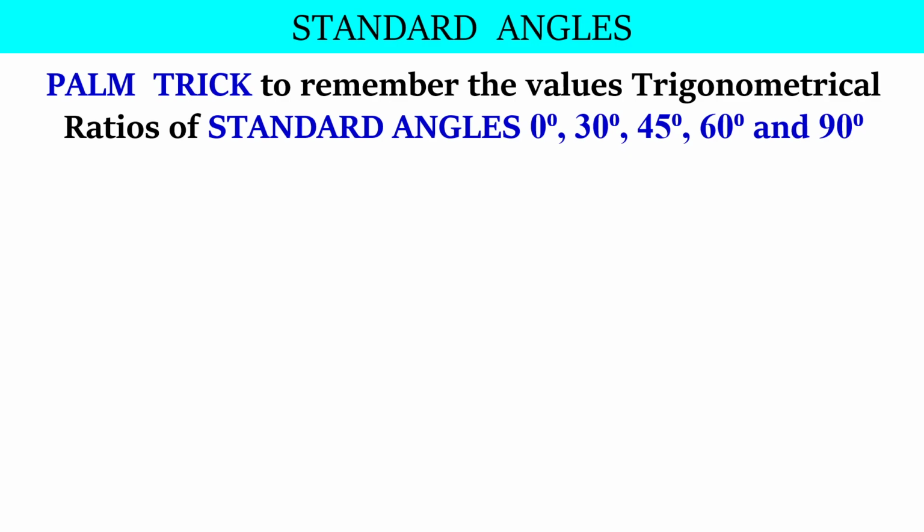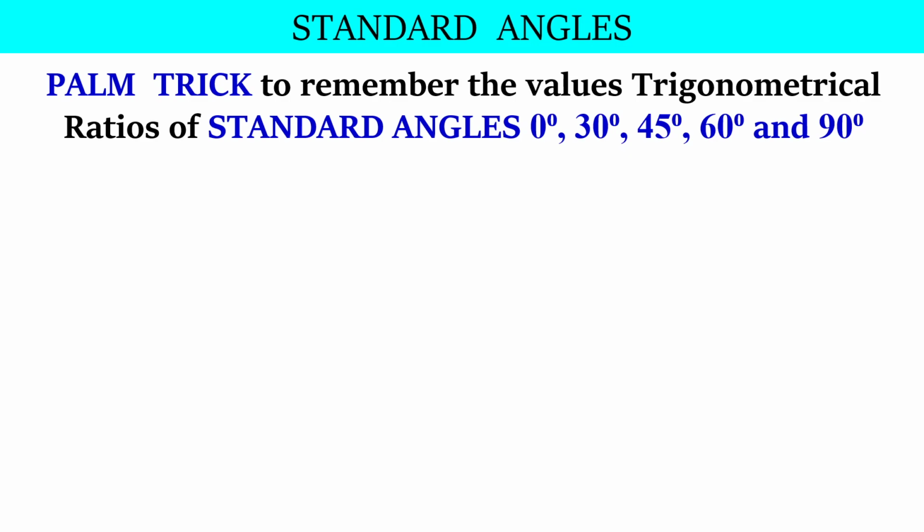No other angle, just these 5 angles are your standard angles in trigonometrical ratios. No 31, 47, 62, 75, nothing. Only 0 degree, 30 degree, 45 degree, 60 degree and 90 degree are called standard angles for trigonometrical ratios.